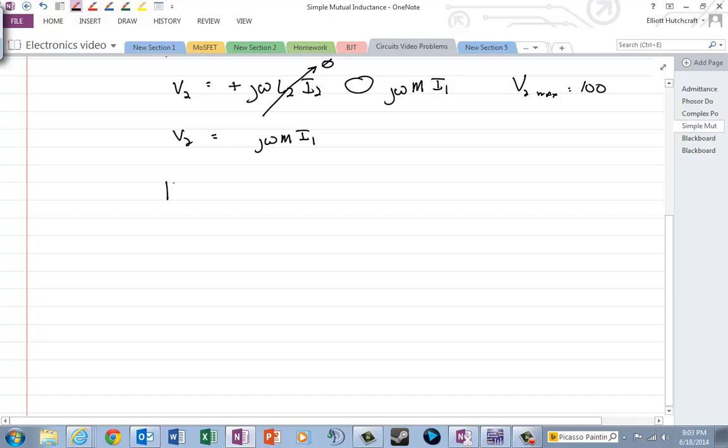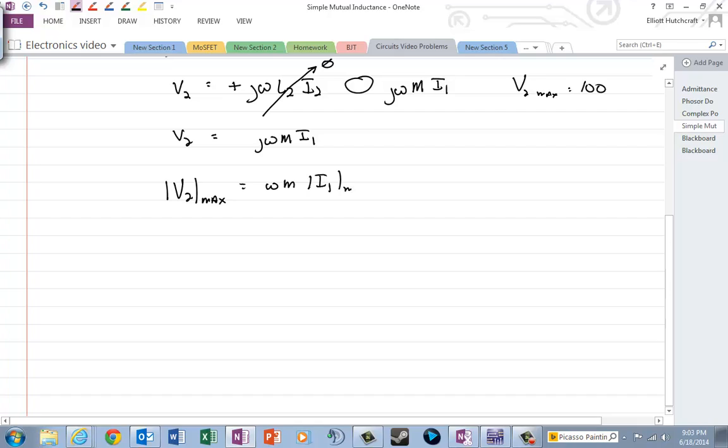So the magnitude of V2 is equal to the magnitude of the other side. So that's the magnitude of omega M I1, which is omega M times the magnitude of I1, since the magnitude of j is 1.